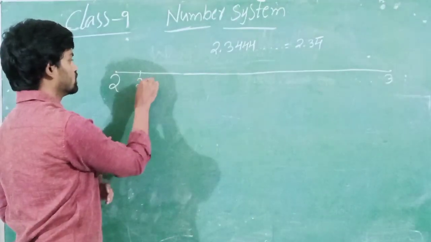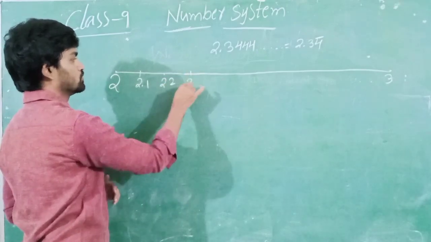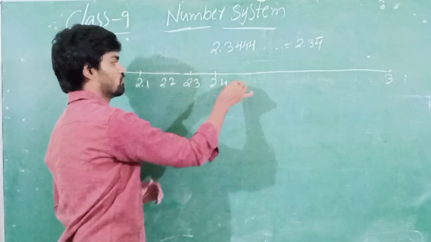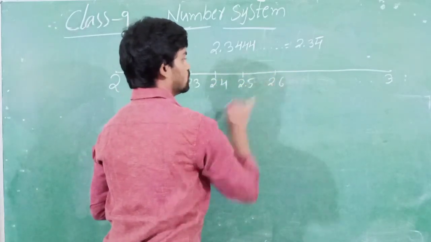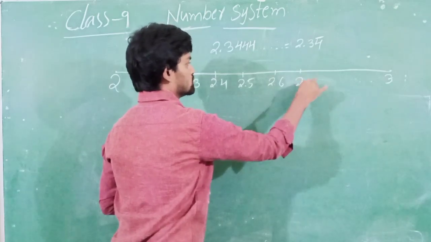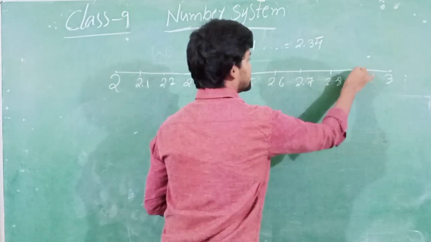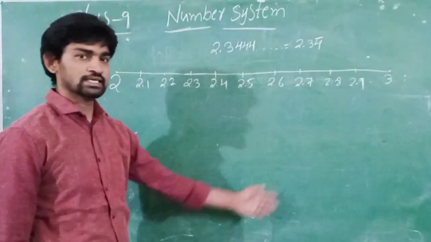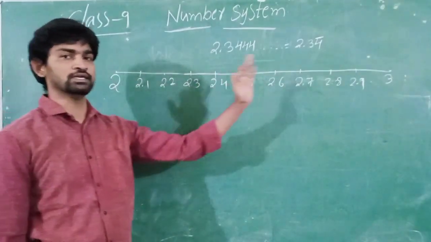So what we got here is 2.1, 2.2, 2.3, 2.4, 2.5, 2.6, 2.7, 2.8, 2.9 and 3.0, that is 3. So now we got numbers in between 2 and 3.